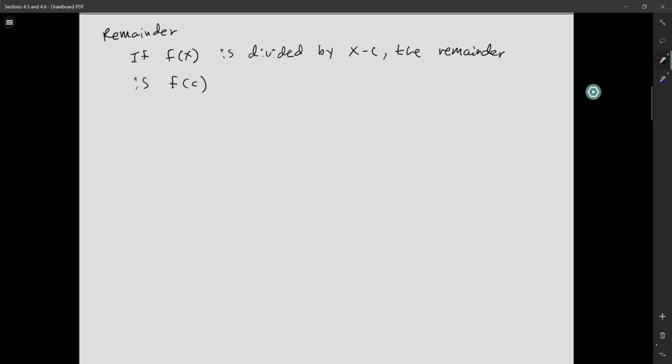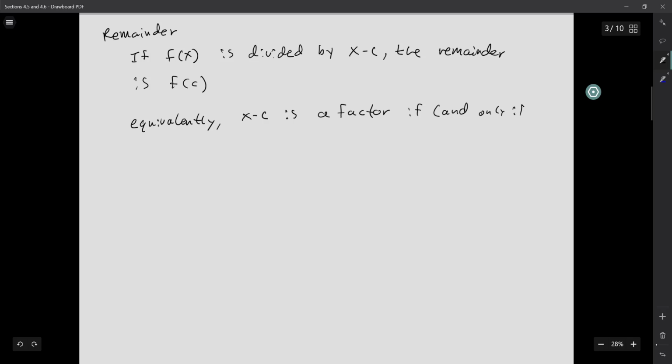Now, what this tells us is kind of the same thing as what we had before. So equivalent to this, let's see, x minus c is a factor if and only if f of c is equal to 0.